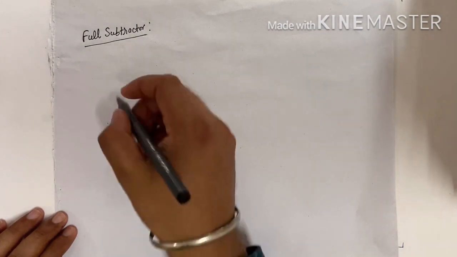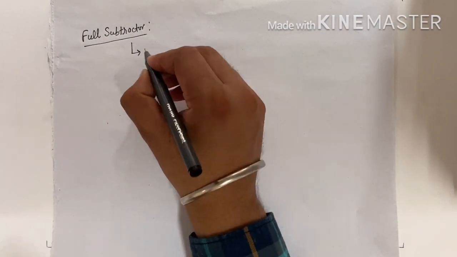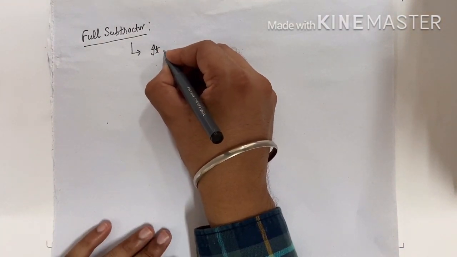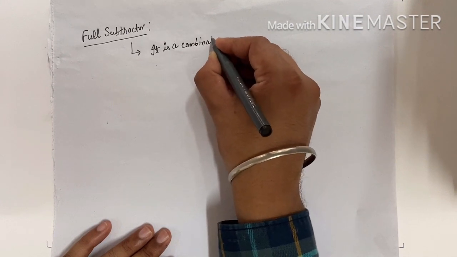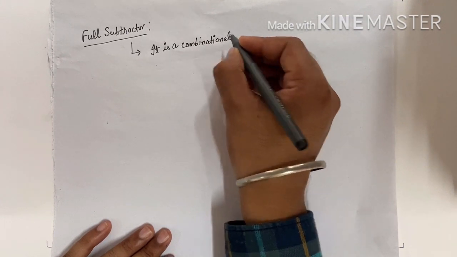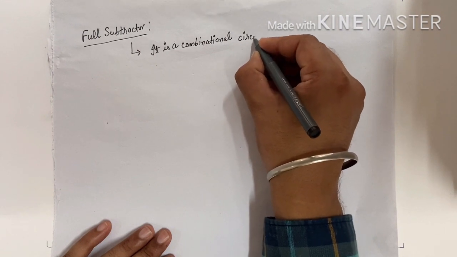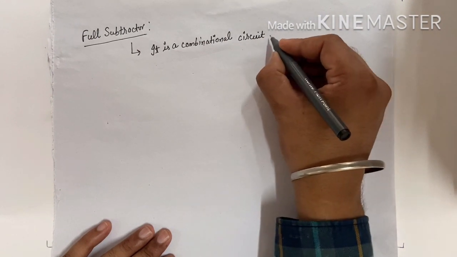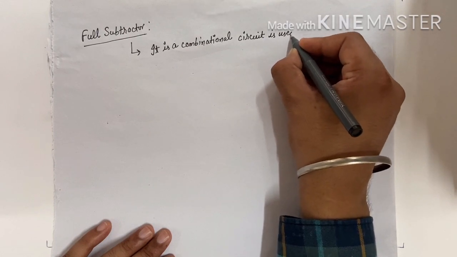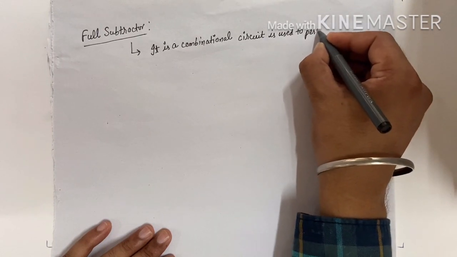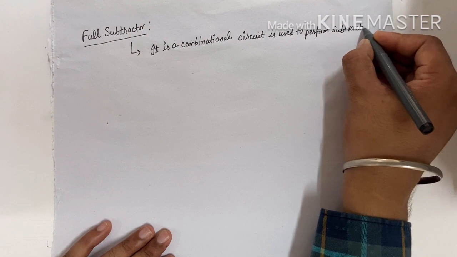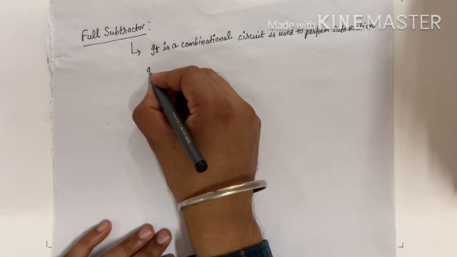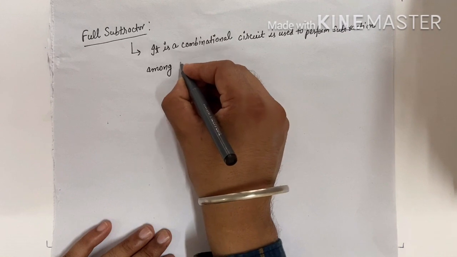Full subtractor is a combinational circuit used to perform subtraction among 3 bits.